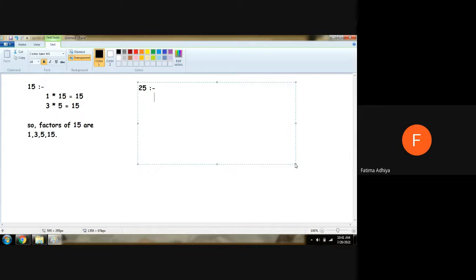Same way for 25. 1 multiplied by 25 gives us 25. Then 5 fives are 25. I don't think any other number is there for 25. So the factors of 25 are 1, 5 and 25.